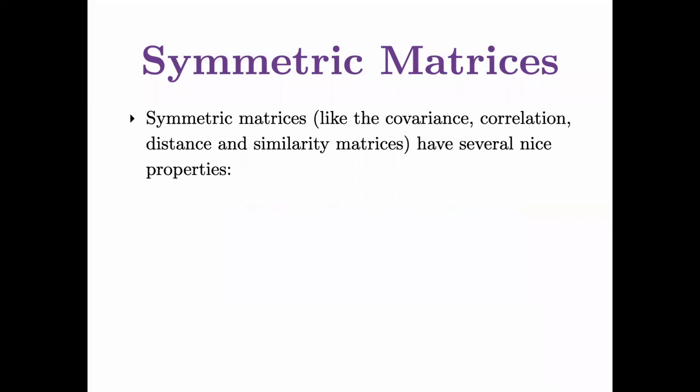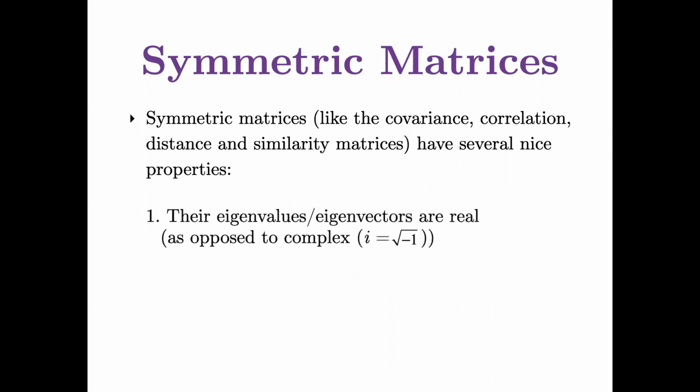The one final fact I'd like to share with you in this video is that symmetric matrices, like the covariance, the correlation, distance, similarity matrices, have several nice properties. The first is that their eigenvalues and eigenvectors are real, as opposed to complex. The second is that their eigenvectors are all mutually orthogonal.